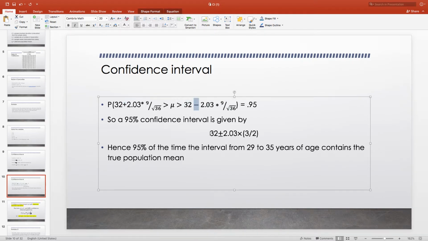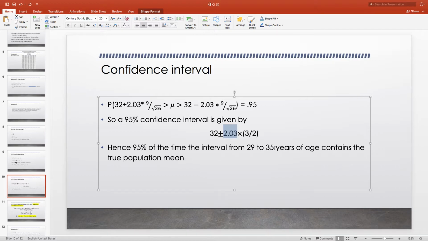So this confidence interval is calculated by 32, which is the mean, plus or minus that 2.03, which shows up, times 9 over root 36, which is 3/2. Okay, so I calculate what these numbers are, and I'm given that the population mean is contained in an interval from 29 years of age to 35 years of age.